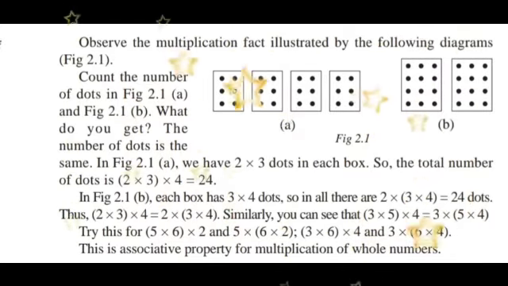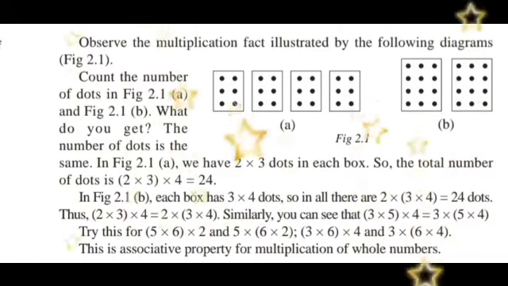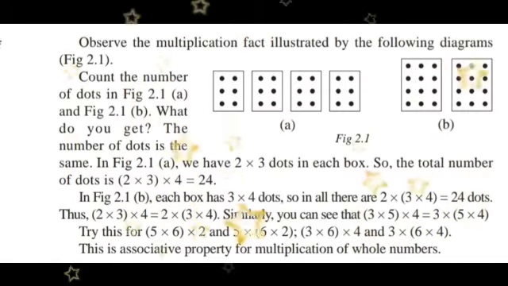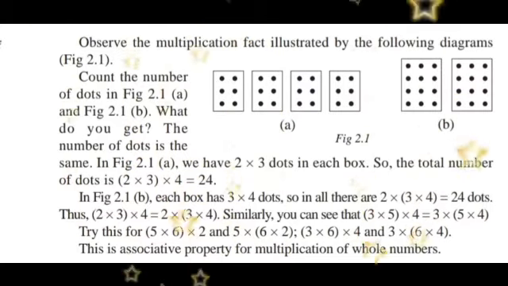So, the total number of dots is (2 into 3) into 4 is equal to 24. In figure 2.1 B, each box has 3 into 4 dots. So, in all there are 2 into (3 into 4) is equal to 24 dots.